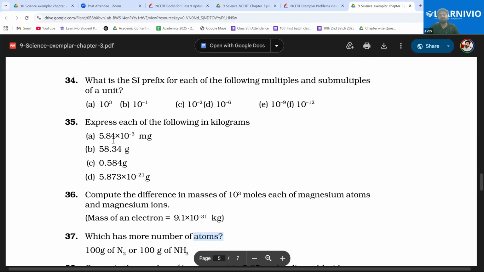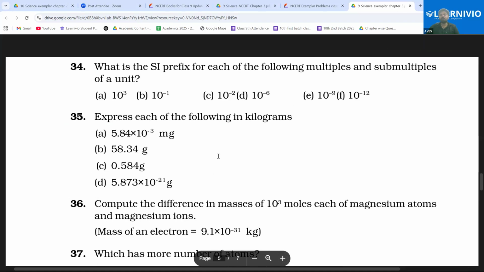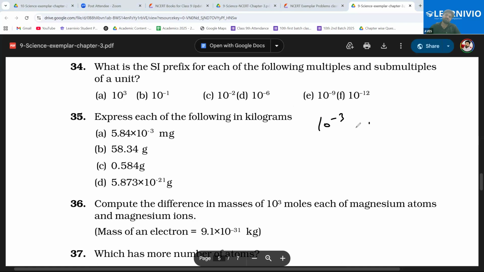You have to write in the standard form, and try to convert this one to express each of the following in kilograms. If you are getting stuck, then let me know. 1 milligram is equal to 10 raised to the power minus 3 grams.